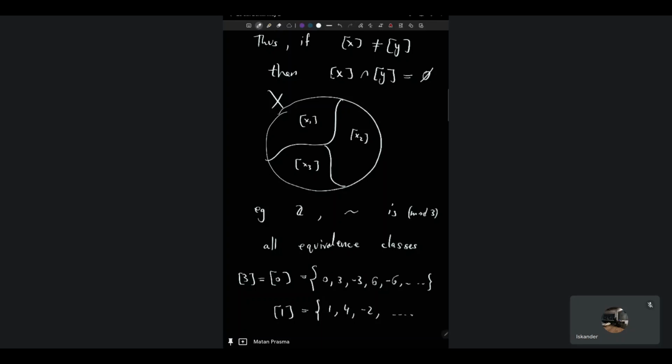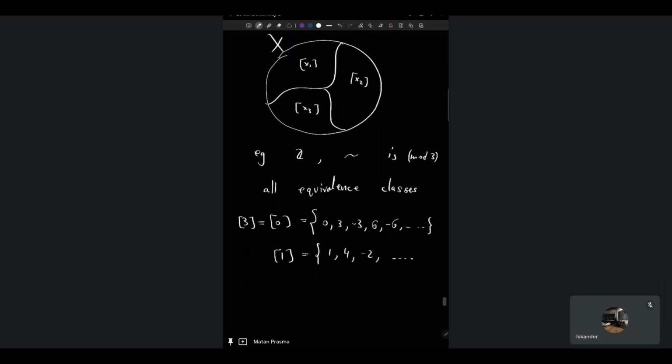Okay. And of course, this is equivalent to, for example, the equivalence class of 4. Of course, you have infinitely many ways to write the same equivalence class. And the third equivalence class is the one of 2. I have 2, 5, minus 1, and so on.